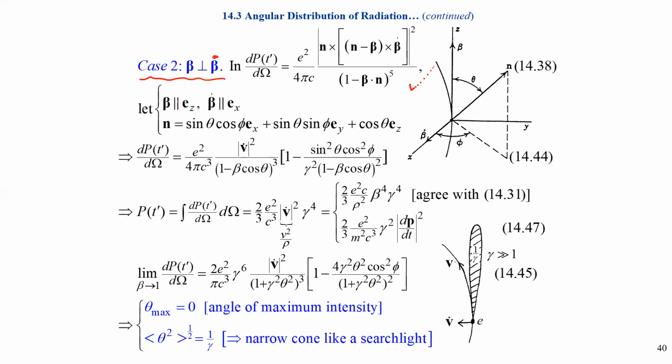And we let beta be in the z direction. Beta dot is in the x direction for our convenience. N is therefore the observation point: sine theta times cosine phi in the x direction, sine theta times sine phi in the y direction. This is theta, this is phi. And cosine theta in the z direction.